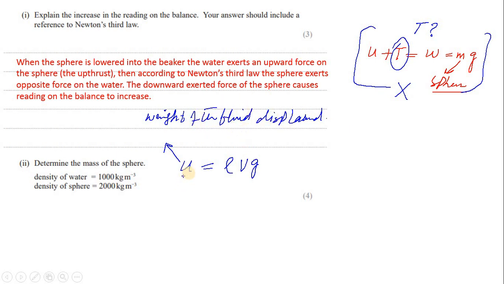That means this U can be replaced by the weight of the fluid, and the fluid is water, so you can say that U is the mass of the water times acceleration due to gravity.